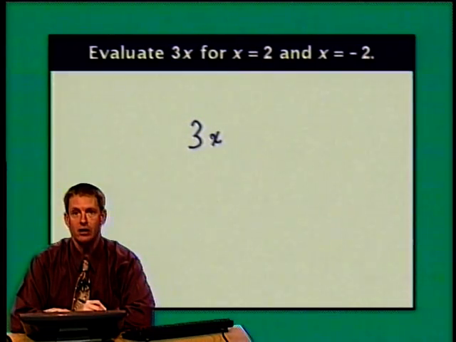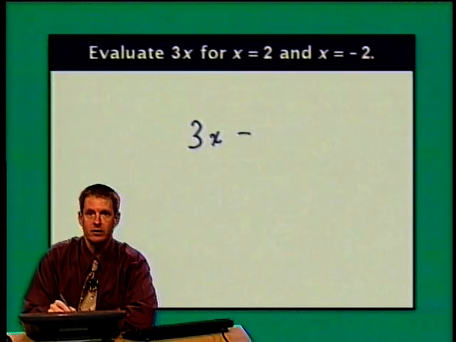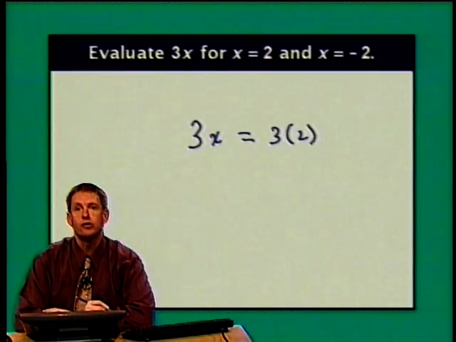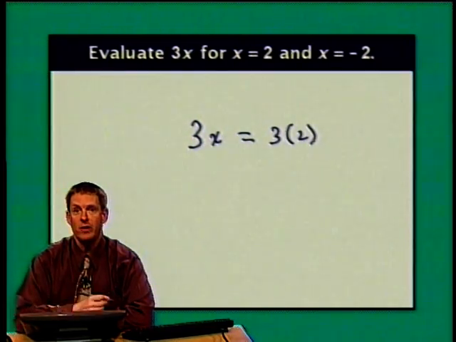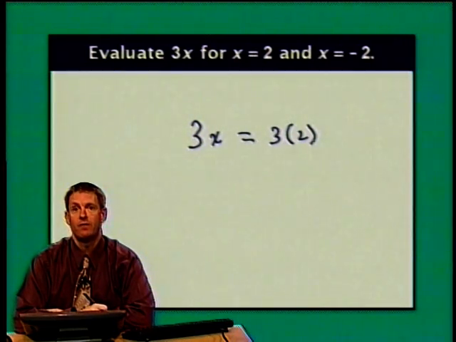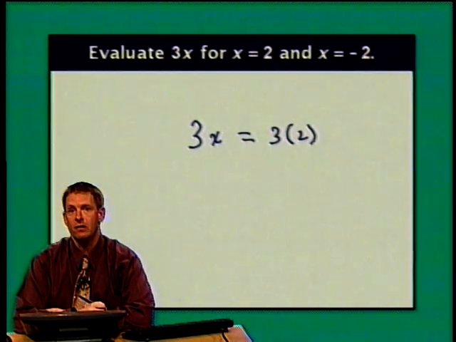One way that I can do that is to write the 2 inside of parentheses. So when I evaluate the expression 3x for x equals 2, I need to write the 2 either inside parentheses or with a dot between the 3 and the 2.